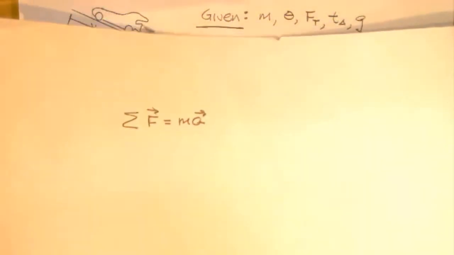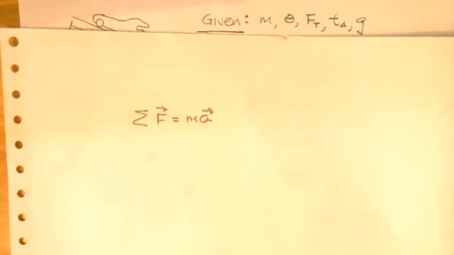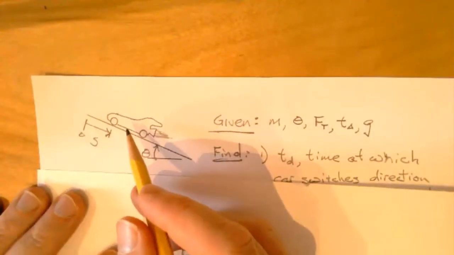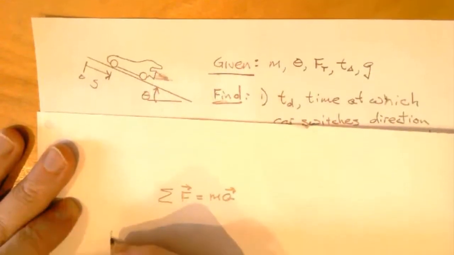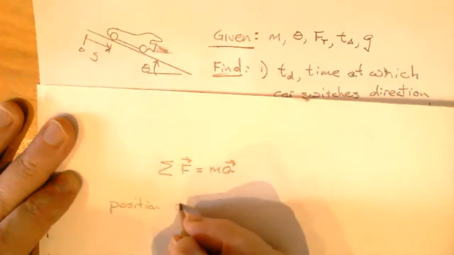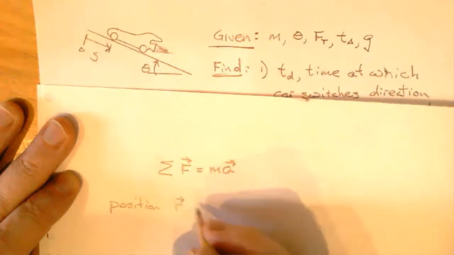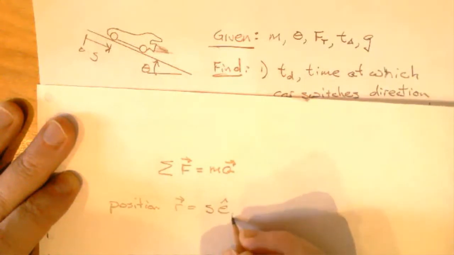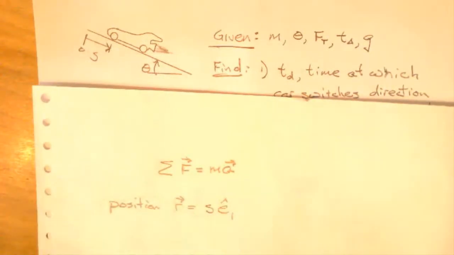What's acceleration? Remember, maybe I'll bring it up on this picture up here. Remember the position of the car is something I usually give the symbol r to. It's a vector. This is going to be s in the e hat 1 direction. Which way is e hat 1? I'm using it here, so maybe I should define it on my picture up here.